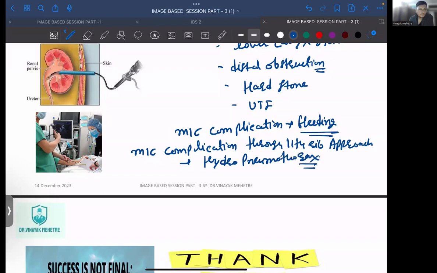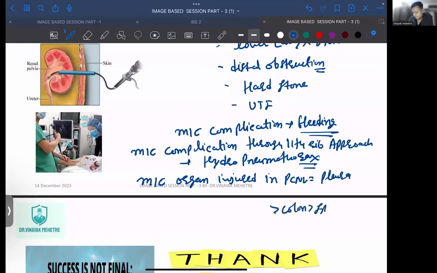Okay. Most common organ injured in PCNL. It is pleura. If pleura is not in the options, then you can go for colon or spleen. Colon or spleen.